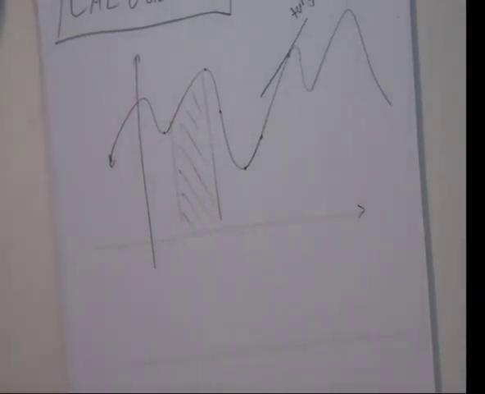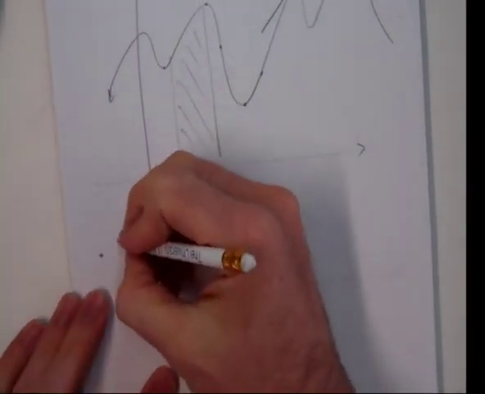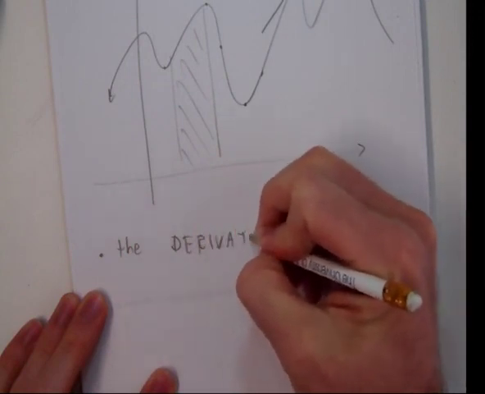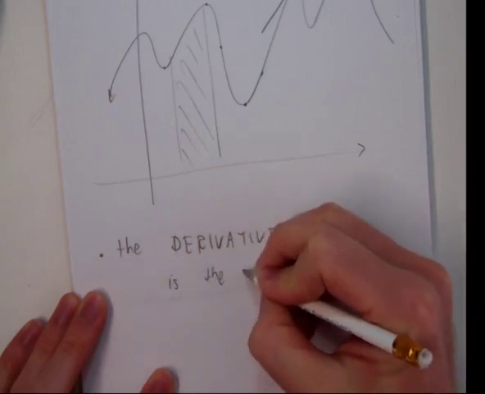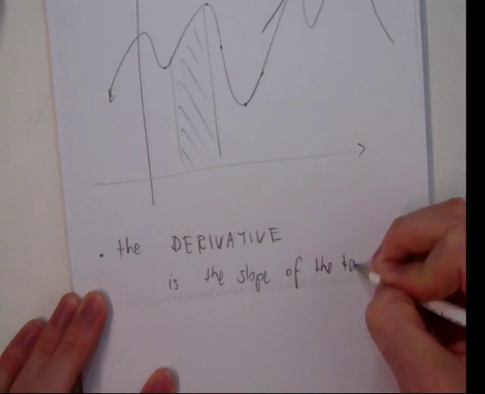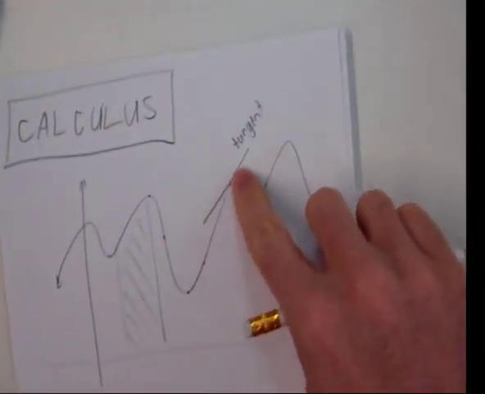And the basic kind of calculus, well, I say basic not because it's easy, but because it's easier than all the other kinds, is differentiation. So, the derivative is the slope of the tangent at any particular point. So this line here is called a tangent.